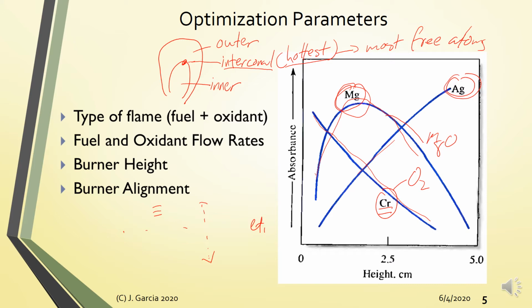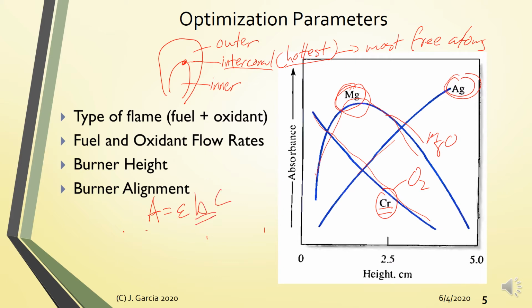Now, how about burner alignment? Burner alignment is related to your cell path length. What do you mean by cell path length? If you go back to Beer-Lambert's law, absorbance is equal to epsilon b c.